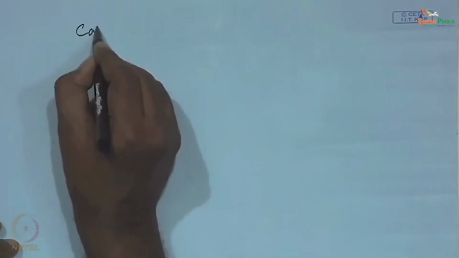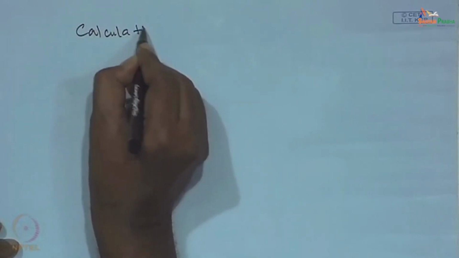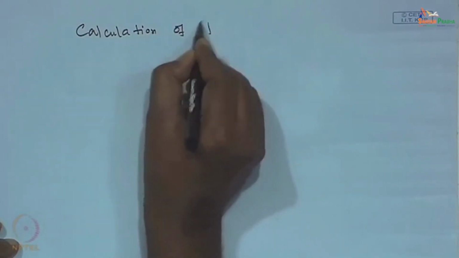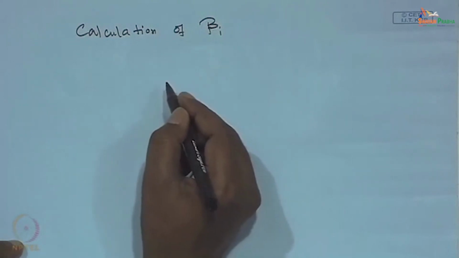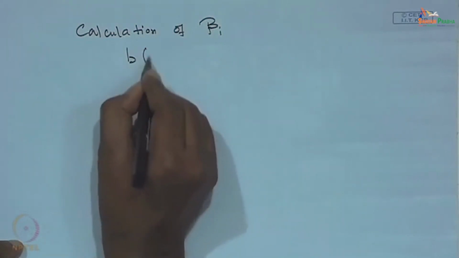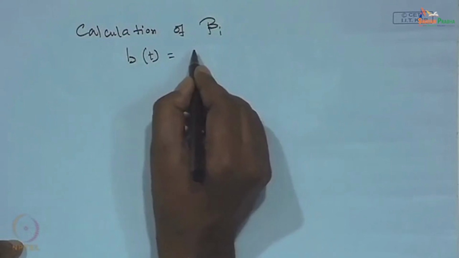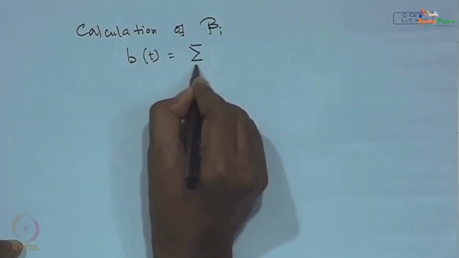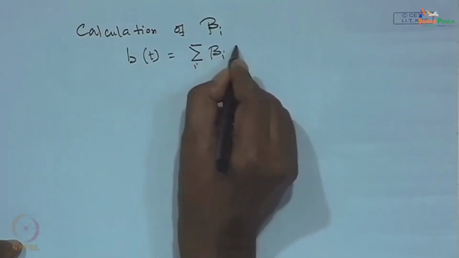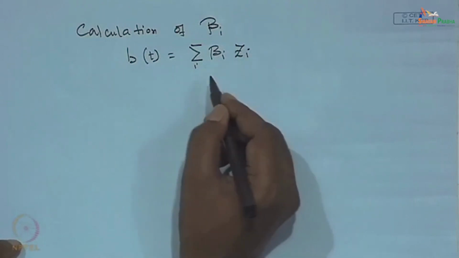Next is the calculation of beta_i. If you remember, the vector b as a function of time can be expressed as a linear combination of the eigenvectors of A as beta_i z_i.